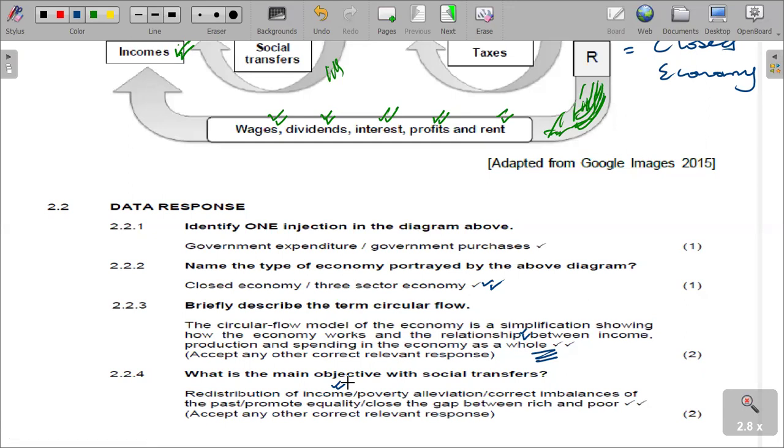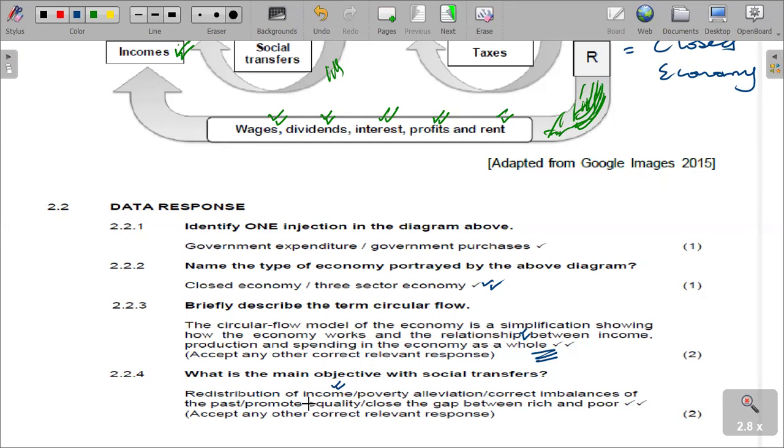So for government to take care of them, they are given some social transfers that would also be there to alleviate poverty and correct imbalances of the past. If you look at our economy, we do have situations where our country was under foreign policies or foreign management, like the apartheid regime.